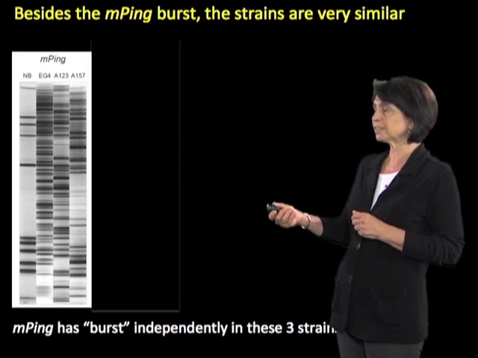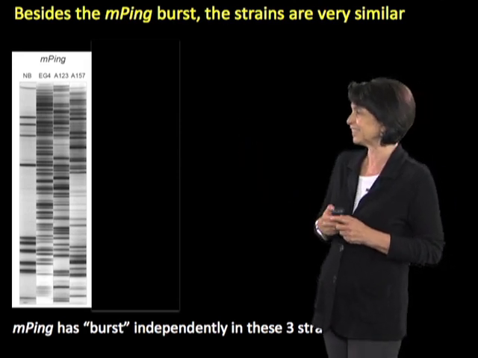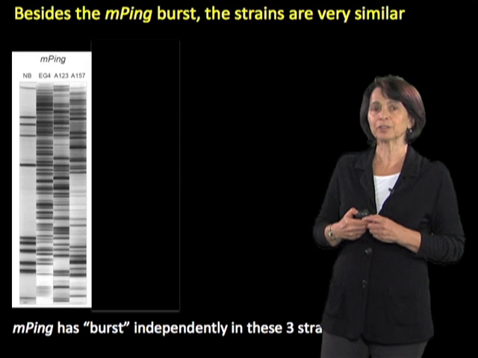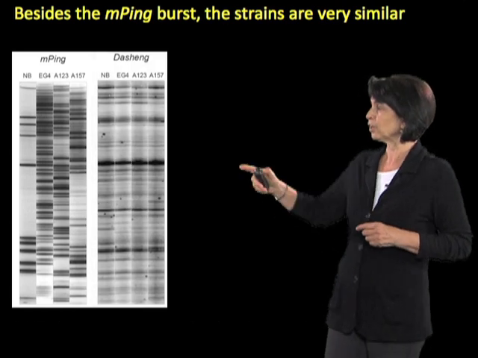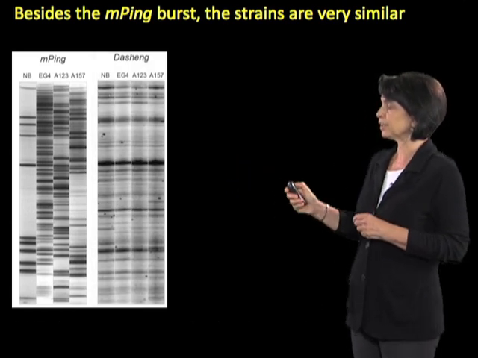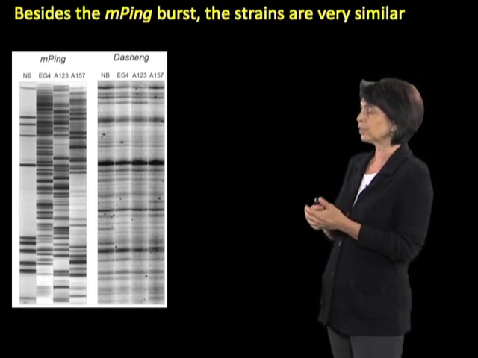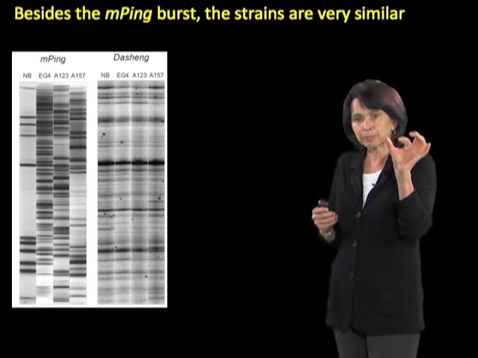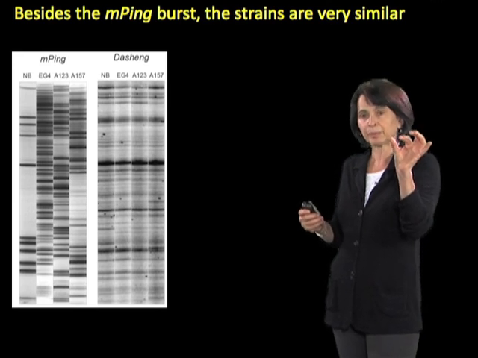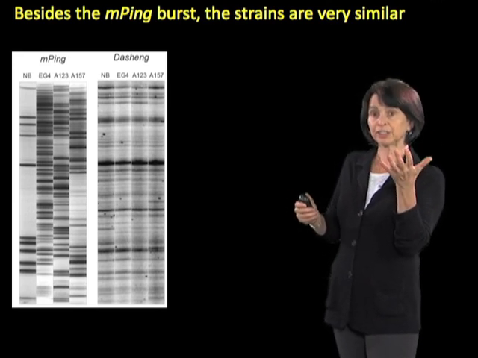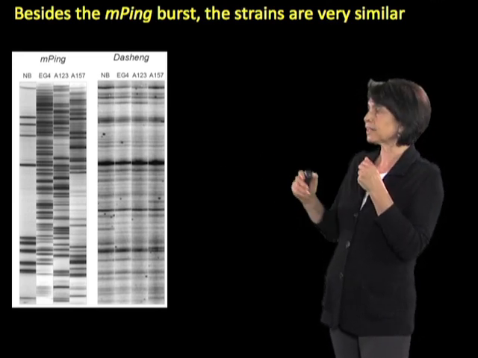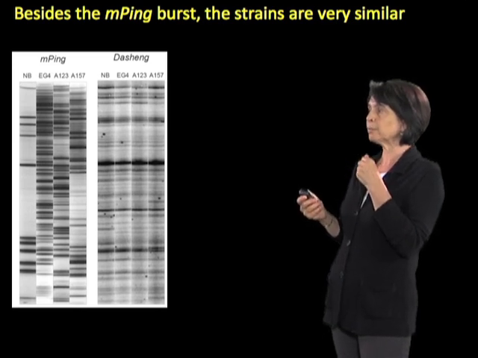What I want to show you in the next experiment is just how similar these strains all are. So what you see here, in the gel on the left, we've used the primer from the Emping element. Remember I showed you that before, in PCR. What we're using in this second panel is a primer from a different element.